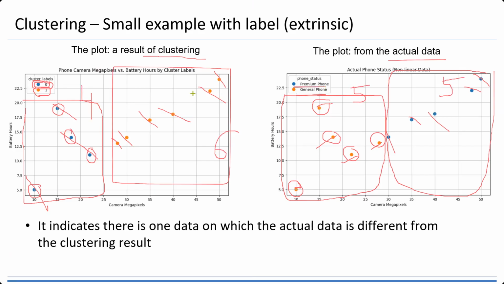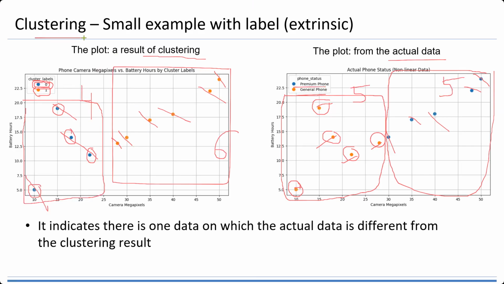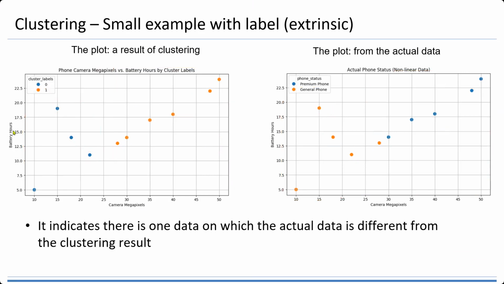Okay. Now, in this case, we need to check the performance. So how good is our clustering? So in this result, we can see this data is somehow not representing the actual. In the actual, it belongs to this group.